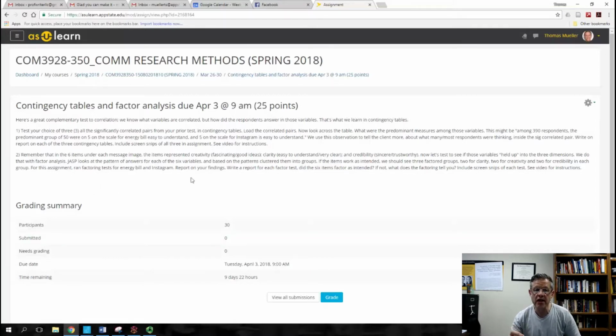The way the theory goes, and the way we pull that out of that guerrilla marketing millennial paper, remember this: creativity was captured by the 2 items. It was fascinating and had good ideas. Remember, those were 2. Under clarity, there was the ones easy to understand and very clear. Remember, and then out of the third pair out of the 6 was credibility. It was sincere. It was trustworthy.